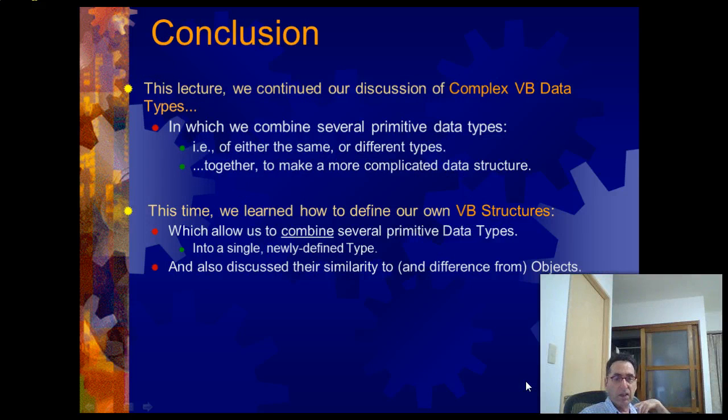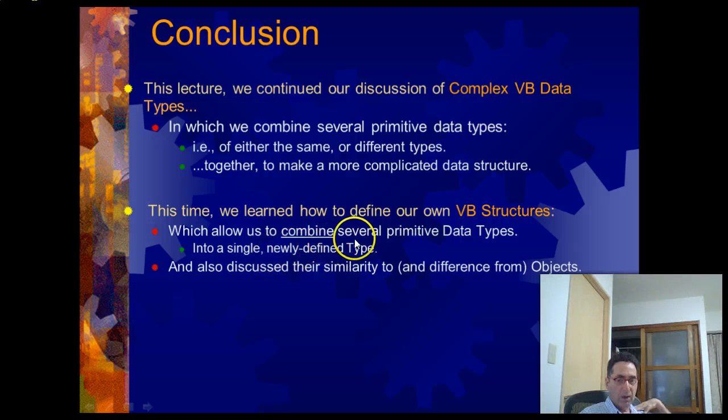Conclusion. This lecture, we continued our discussion of complex Visual Basic data types in which we combine several primitive data types, i.e. of either the same or different types, together to make a more complicated data structure. This time we learned how to define our own Visual Basic structures, which allow us to combine several primitive data types into a single newly defined type.